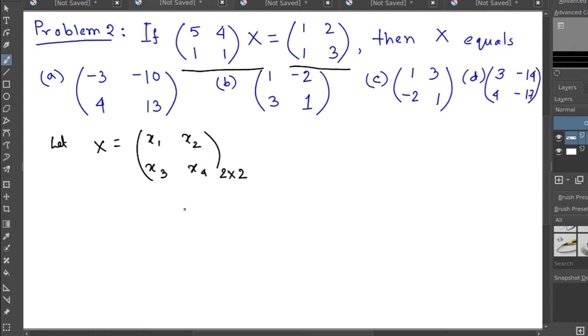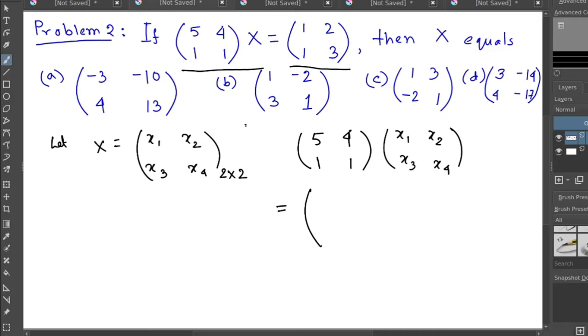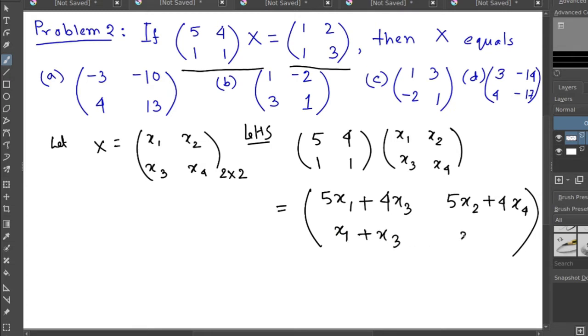So we have considered a 2 cross 2 matrix. Now let's perform this operation, which is given as 5 4 1 1 times x1 x2 x3 x4. That is the LHS. If we calculate the LHS, it would be 5 times x1 plus 4 times x3, and 5 x2 plus 4 x4, x1 plus x3, x2 plus x4.